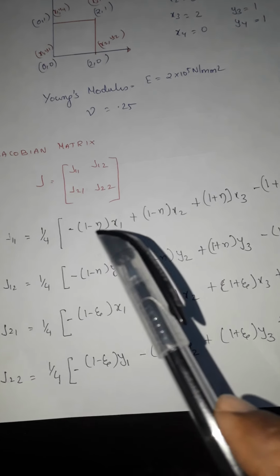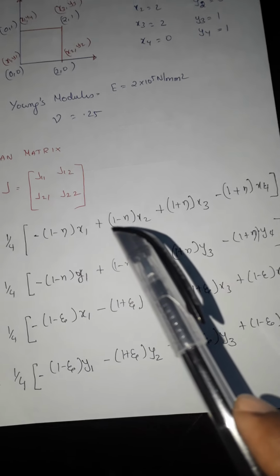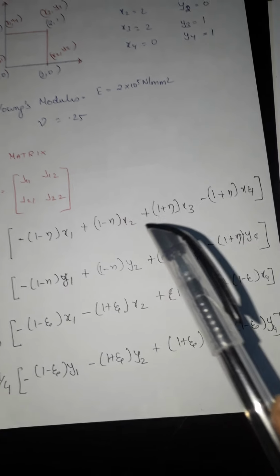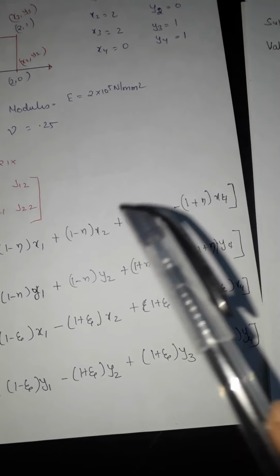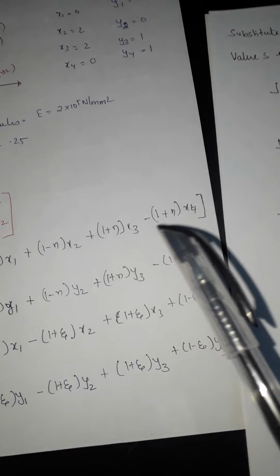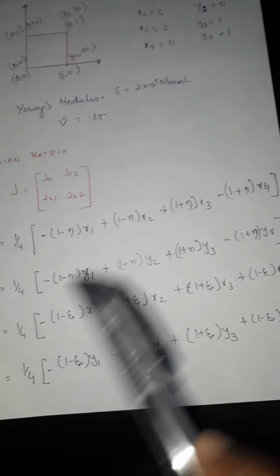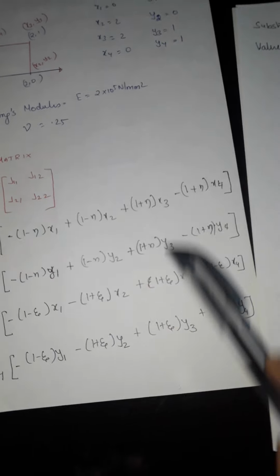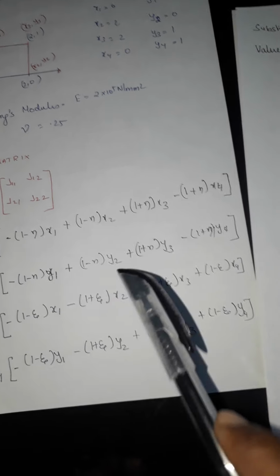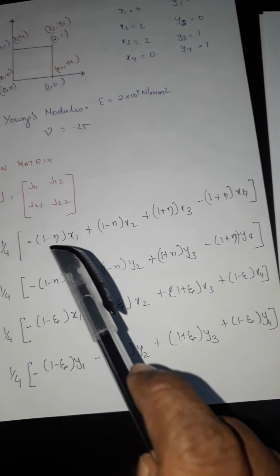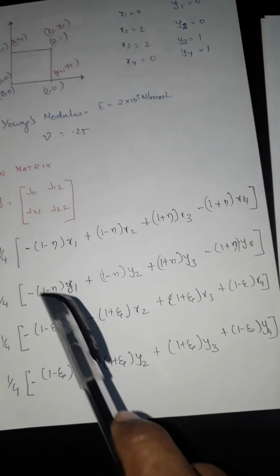So 1 by 4 times minus (1 minus eta) x1 plus (1 minus eta) x2 plus (1 plus eta) x3 minus (1 plus eta) x4, and this is for the x coordinates. The same thing you write for the y coordinates: minus (1 minus eta), with y1 instead of x1, and y2, y3, y4.